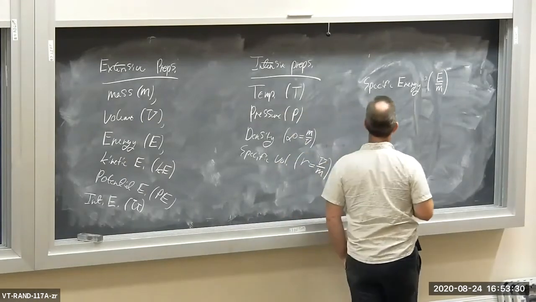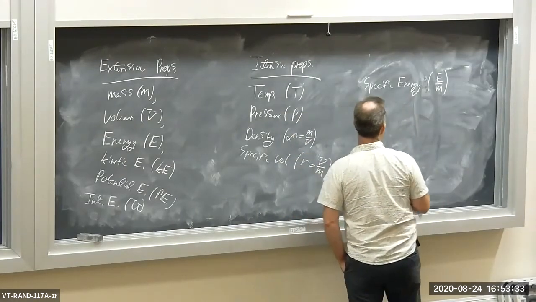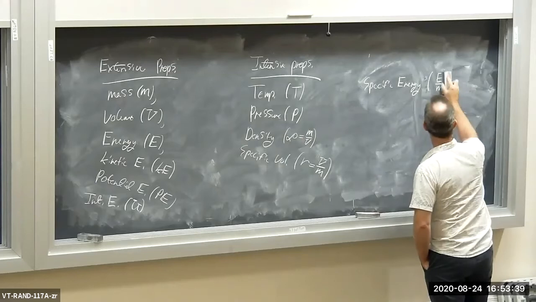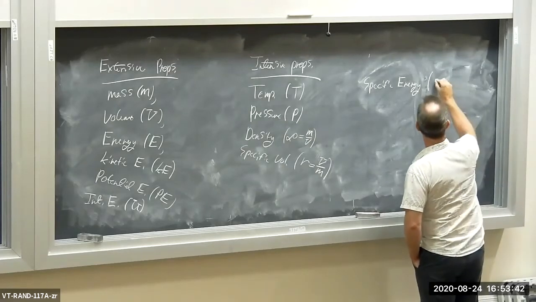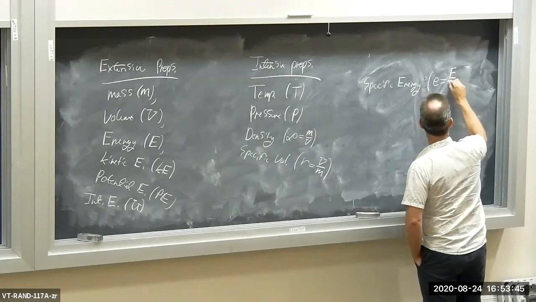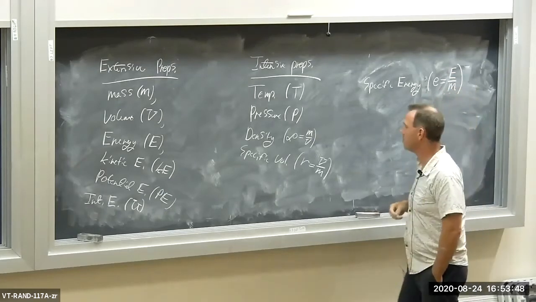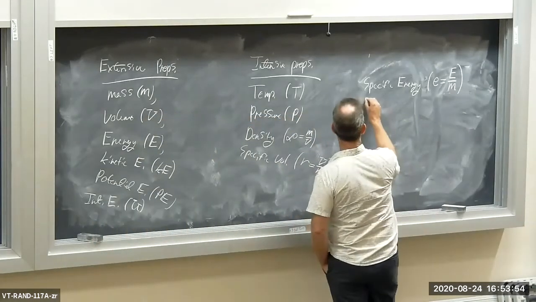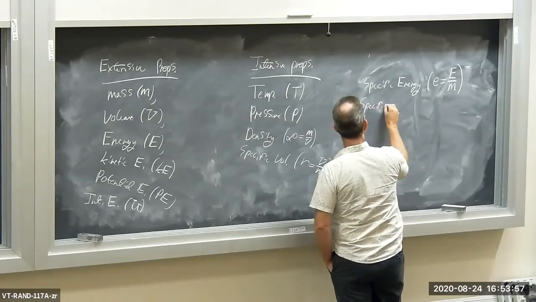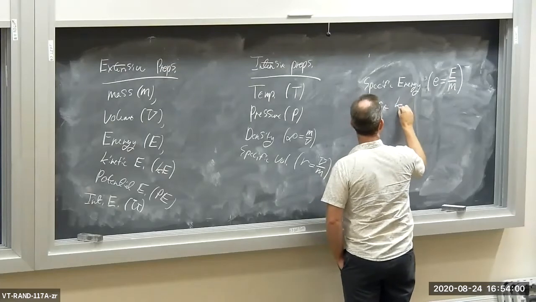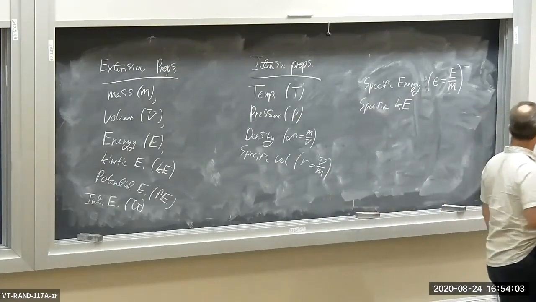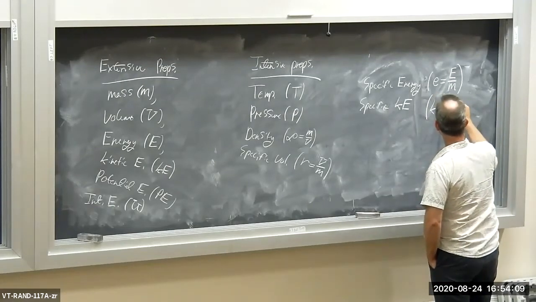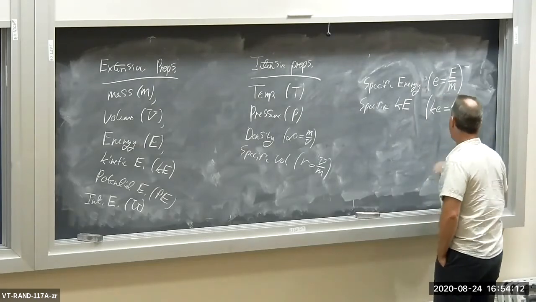What about specific kinetic energy? By the way, the symbol used for specific energy is lowercase e, which is capital E divided by mass. Okay? Specific kinetic energy is going to be lowercase ke, which is equal to the kinetic energy of the system divided by the mass of the system.